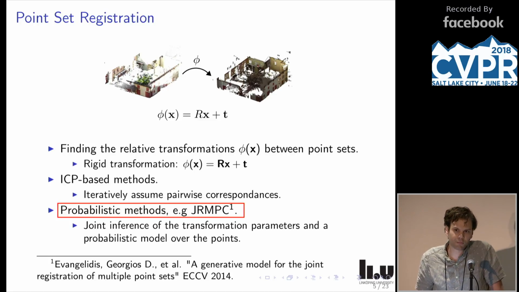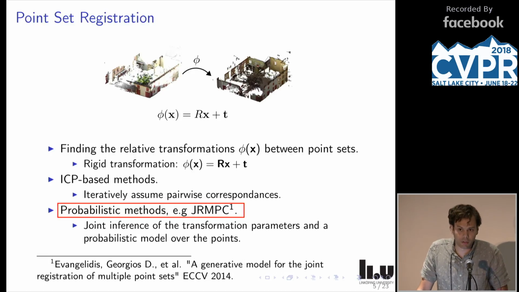The probabilistic methods, on the other hand, generate a probabilistic model of the point sets, and then jointly infer this probabilistic model with the transformation parameters, usually using maximum likelihood approaches. One such state-of-the-art probabilistic method is JRMPC, which was proposed in an ECCV 2014 paper, and we base our work on this framework.